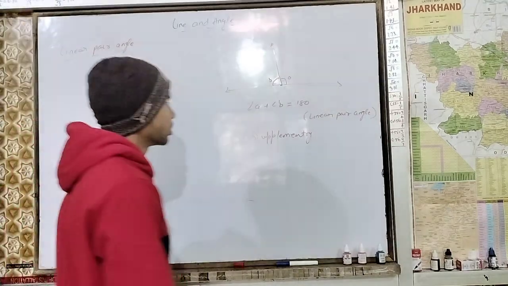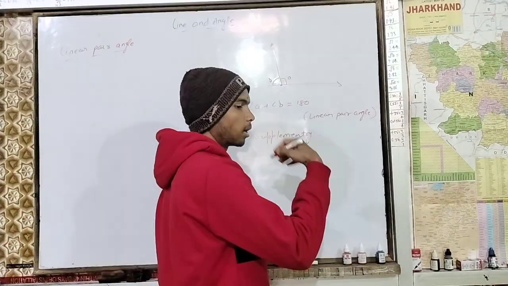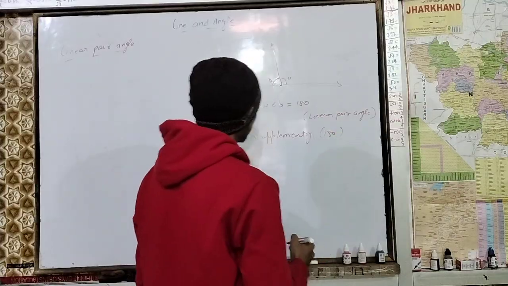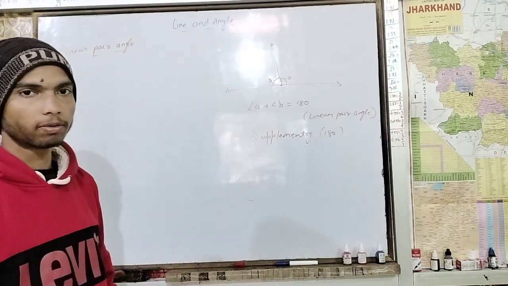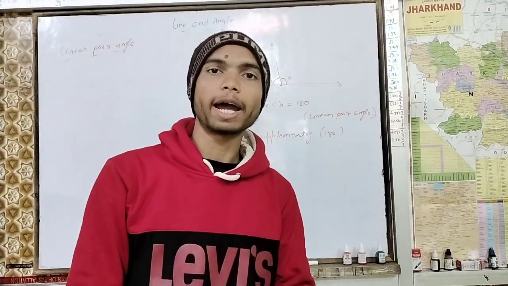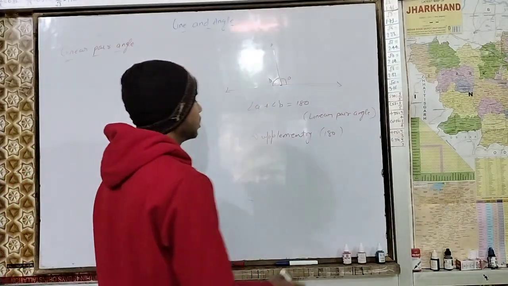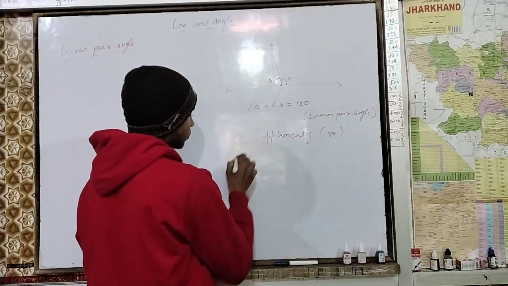Supplementary means the sum of angles will be how much? Only 180 degrees. Complementary means the sum of angles would always be 90 degrees.